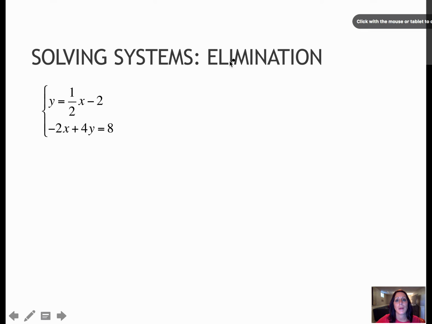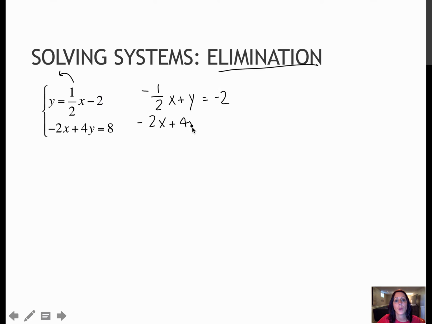Solving this by elimination, again, this is not in the correct format, so I'm going to move this 1/2 x to the opposite side, which gives me negative 1/2 x plus y equals negative 2. And here I have negative 2x plus 4y equals 8.